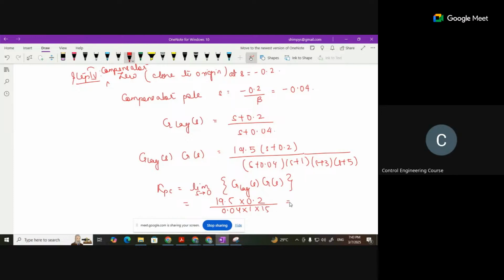How much does it come out to be? Check. 6.5. Correct.